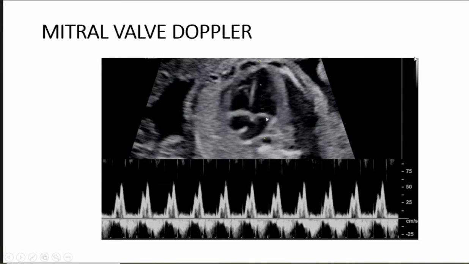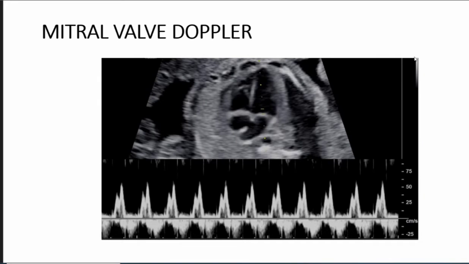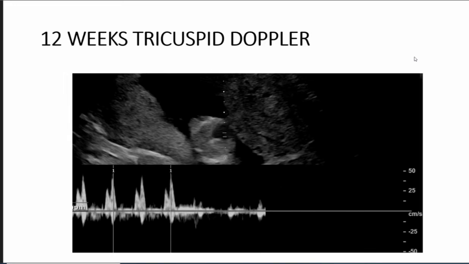Mitral Doppler has to be done at the left atrioventricular valve, and the sample box should straddle the valve so as not to miss a regurgitation. And we will look at the mitral Dopplers in the functional study. So this is the tricuspid Doppler, that's the mitral Doppler. The tricuspid and mitral Dopplers, or AV Dopplers, have 2 peaks as shown here.